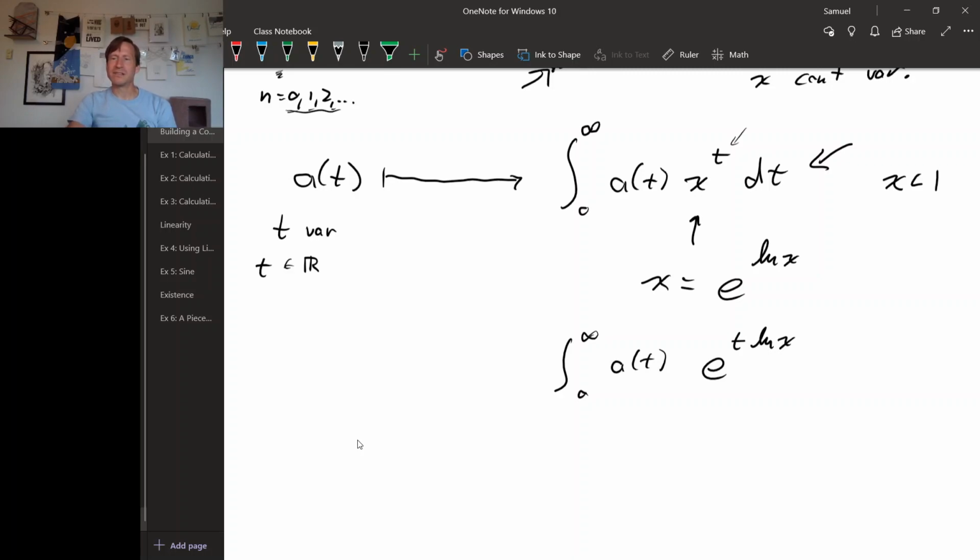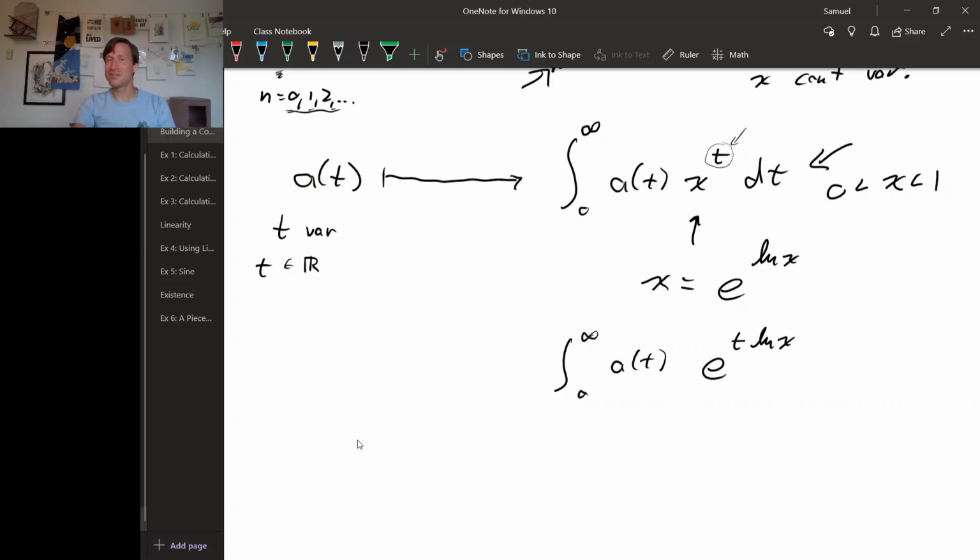So we need x to be less than 1, but also we need x to be greater than 0, because if you let x be negative and you start raising it to irrational powers, you're going to have domain problems. Think about a negative number to a power of 1/2. You're going to start getting complex numbers, and things are going to get weird. We're trying to stick to the real valued world, at least for now. So we'd like x to be greater than 0 just to make this thing defined.